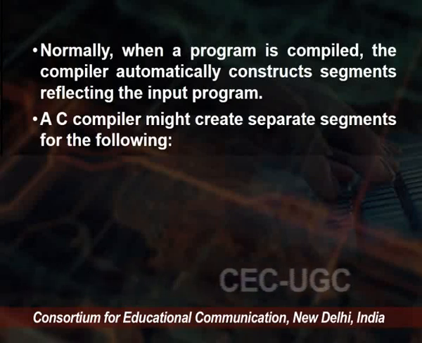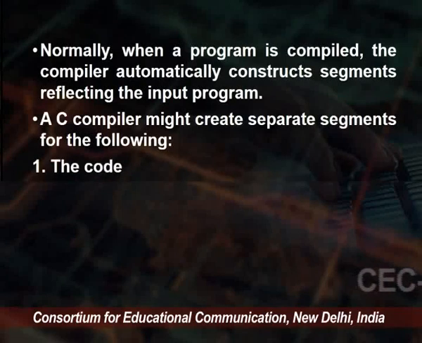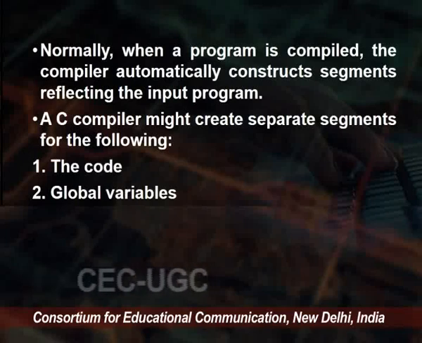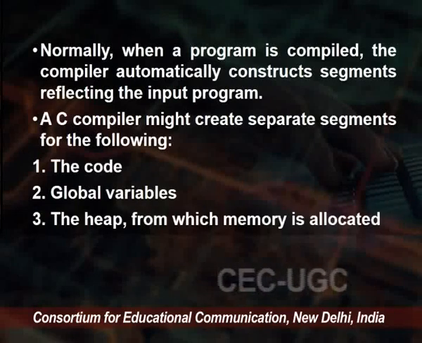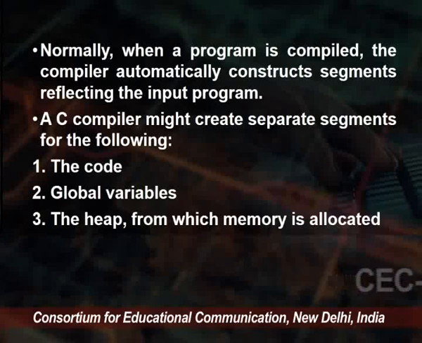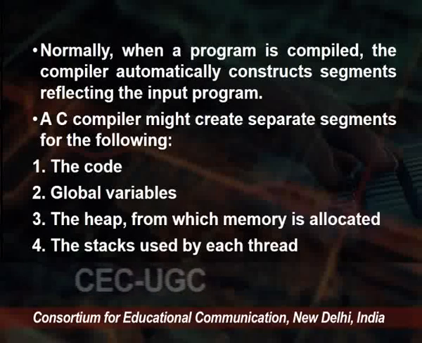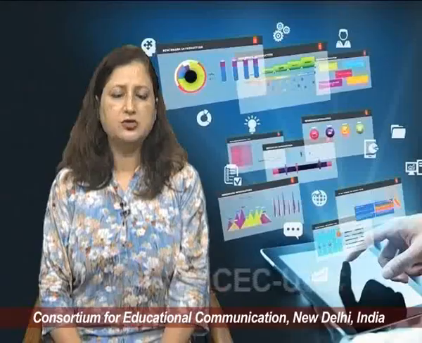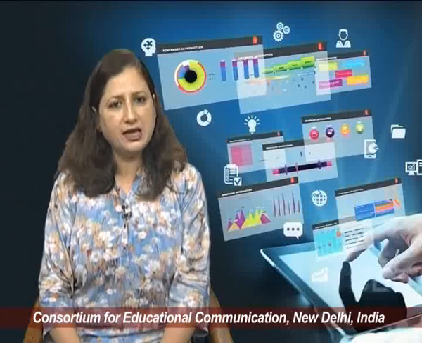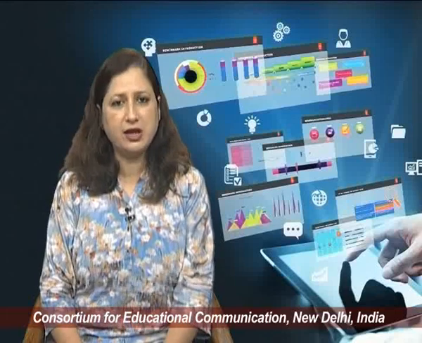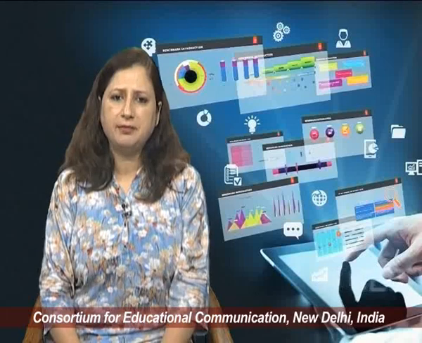For example, it will create one segment for the code, another segment for global variables, another segment for the heap from which the memory will be allocated for the program, then the stacks which are used by the threads, and the standard C library. All these segments will be created by the compiler when the program is being compiled. Libraries which are linked in during compile time may also be assigned separate segments.